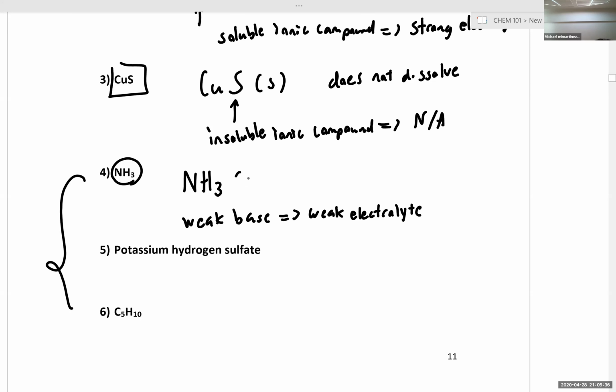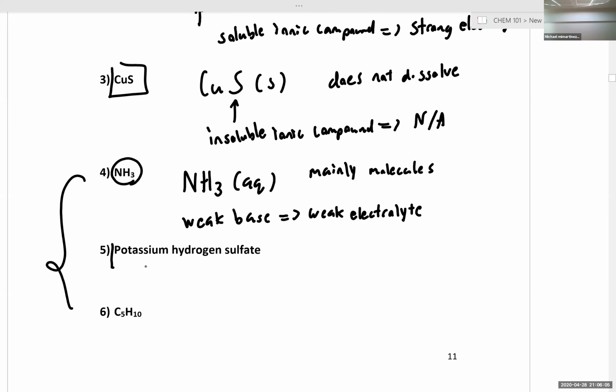So we put an aqueous symbol, and my question to you is, from the perspective of ionic equations, would we have mainly molecules or mainly ions in solution? Molecules. Yep, exactly right. So we have mainly molecules.